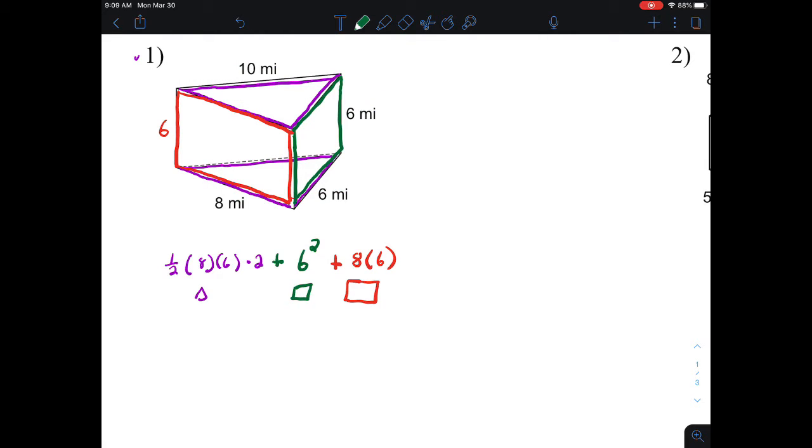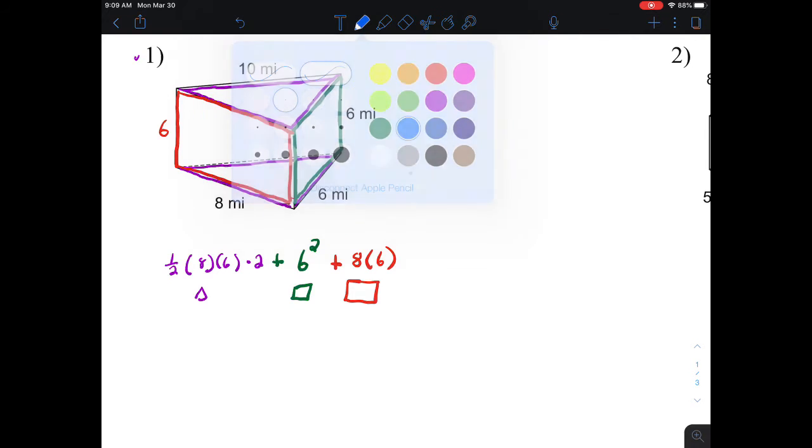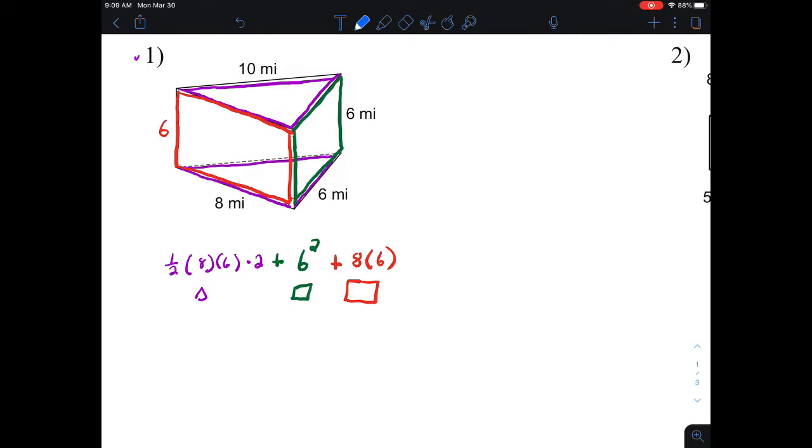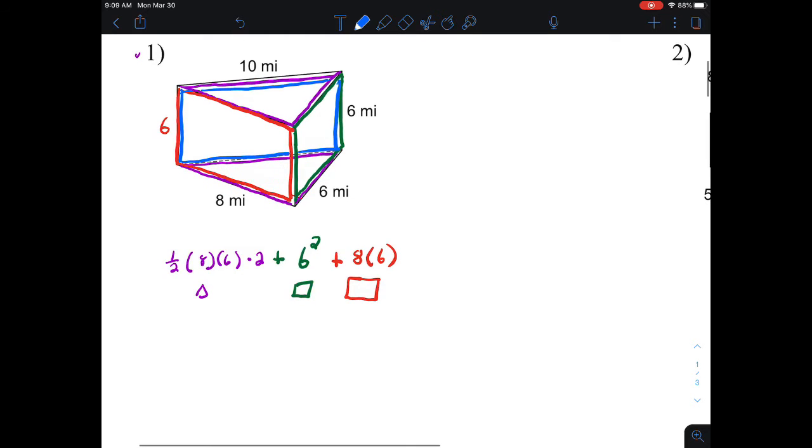And then there's one side I have left that is not accounted for. That one side is the rectangle on the far back side, back here in blue, which has one side of 10 and one side of 6.